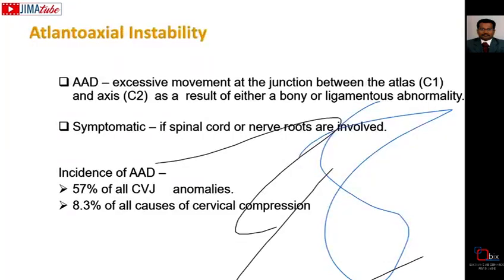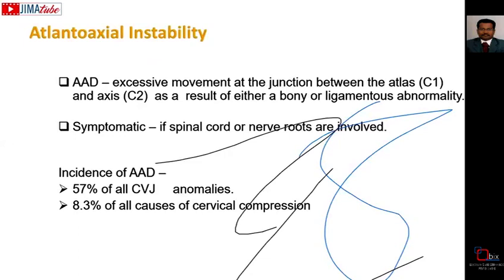Atlanto-occipital instability, there is atlanto-occipital dislocation. There is excessive movement at the junction between the atlas and axis as a result of either bony or ligamentous abnormality. It is symptomatic if the spinal canal or nerve roots are involved.